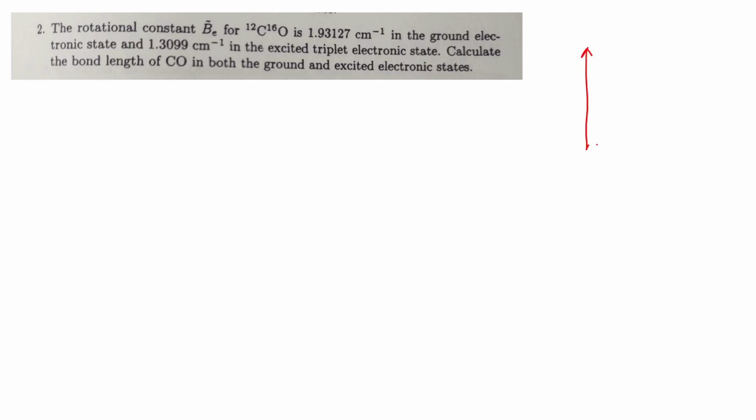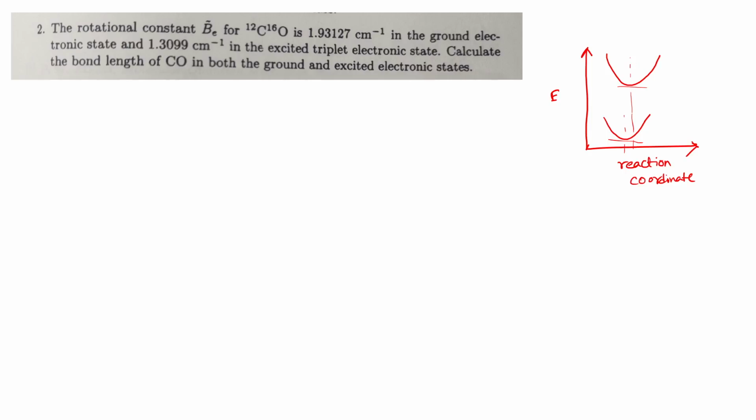This is your potential, this is your energy scale on the y-axis, and this is your reaction coordinate, or reaction coordinate can be your bond length, bond angle, anything, right? So your potential energy in the excited state is something like that, and your ground state is like that. So if you think like that, then your bond length has increased in the excited state, right?